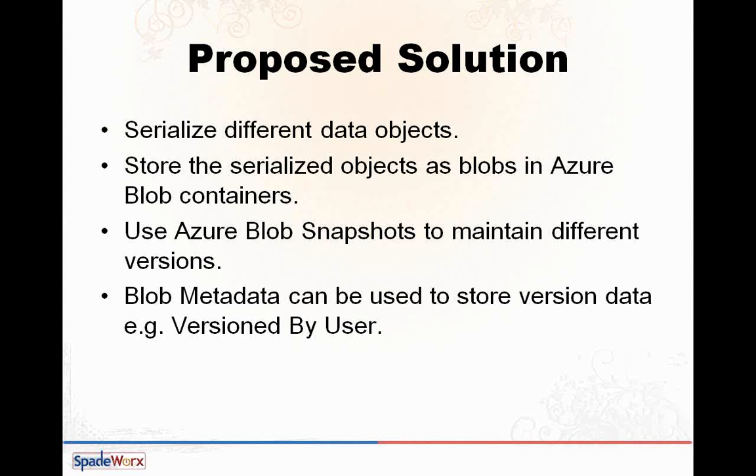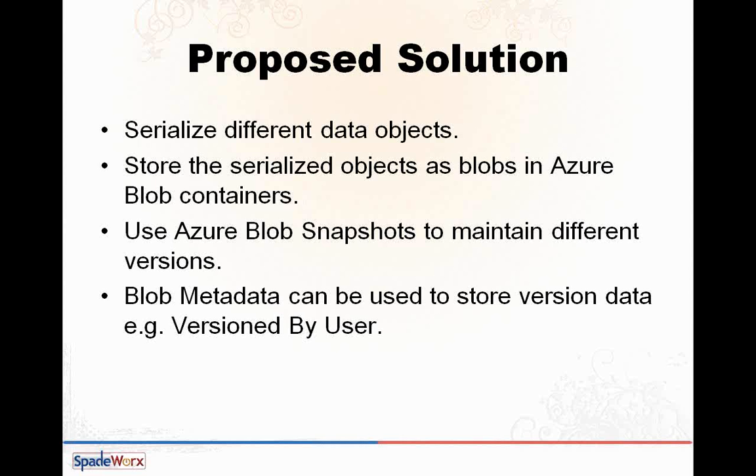We did consider using storage tables, since storage tables also allow the same form of entity format where you can store a .NET object into storage tables. So that was considered. But the reason why we discarded it is that storage tables have the limitation of a maximum of 1 MB size per entity, and our requirement was that a .NET object or a file can actually be greater than 1 MB.